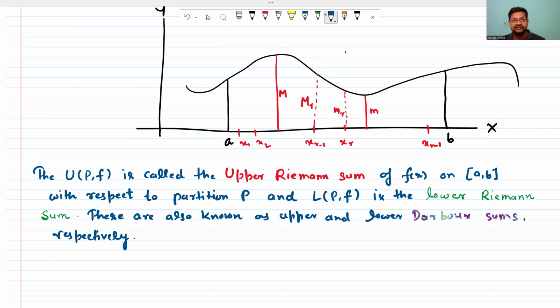Okay, and if both upper Riemann integral and lower Riemann integral are equal, then we can say the function is Riemann integrable.